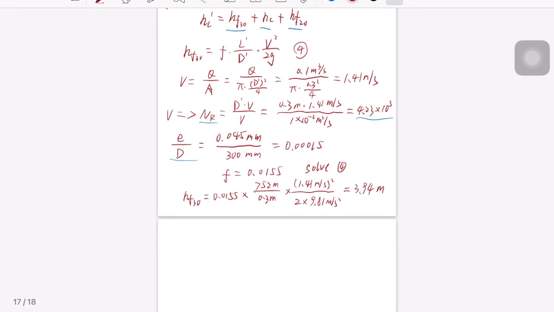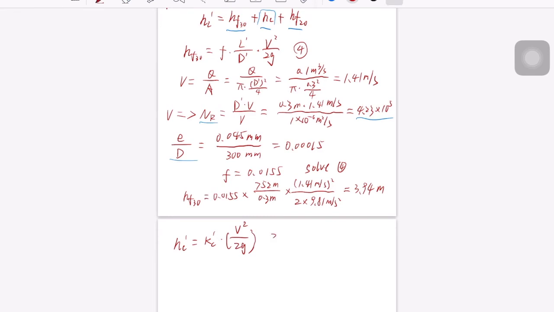Next, we will calculate the head loss at the confuser. And we can write the equation that equals the coefficient of confuser times V squared over 2g.